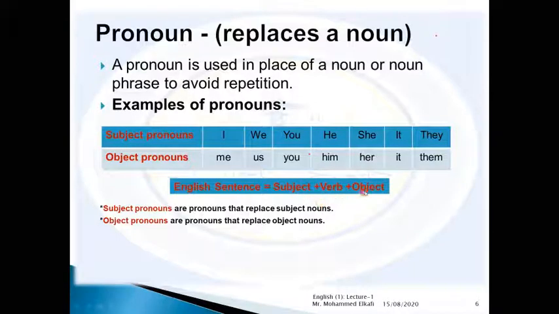But after the verb, we'll find what? Objects or object pronouns. So objects are me, us, you, him, her, it, them. Before the verb, we find I, we, you, he, she, it, and they as subject pronouns. So let's take some example sentences.